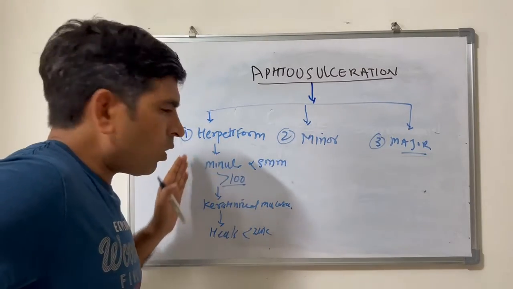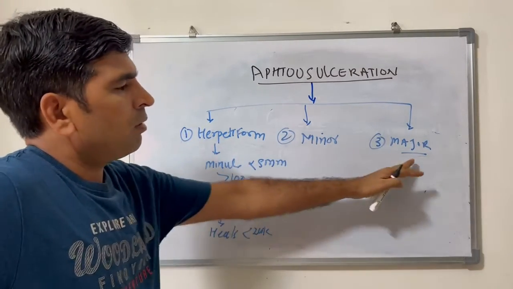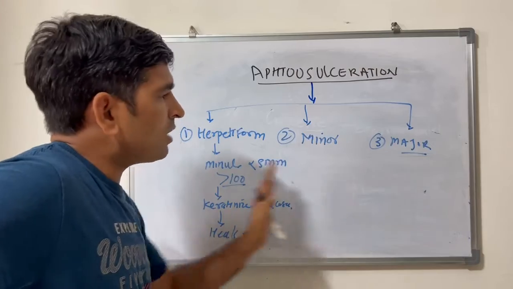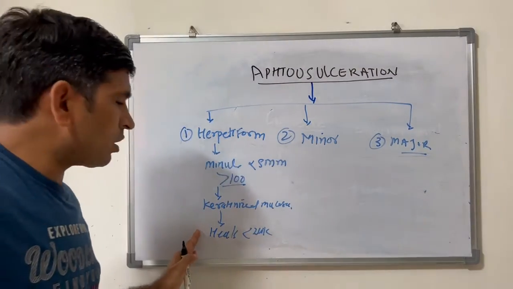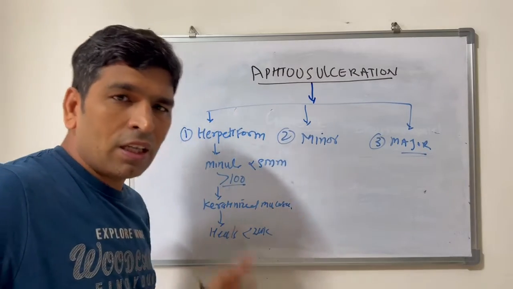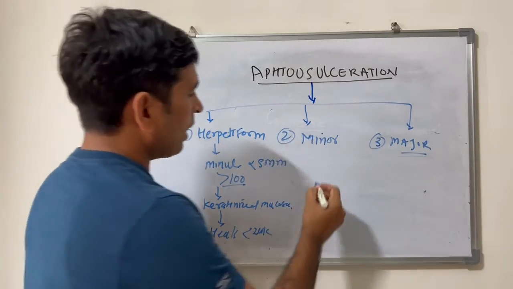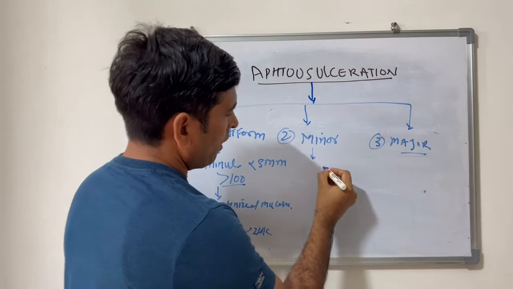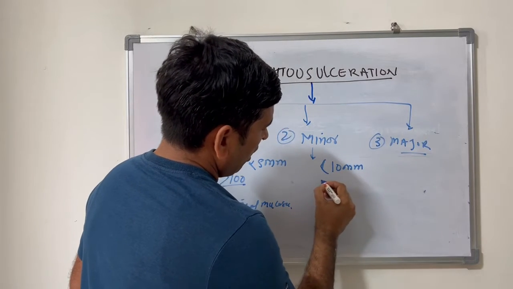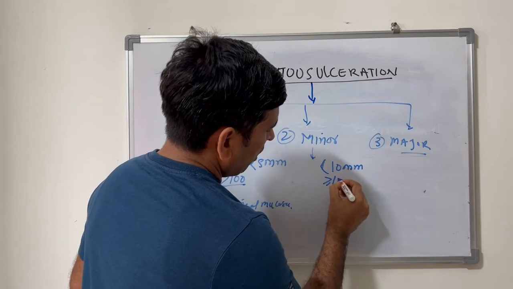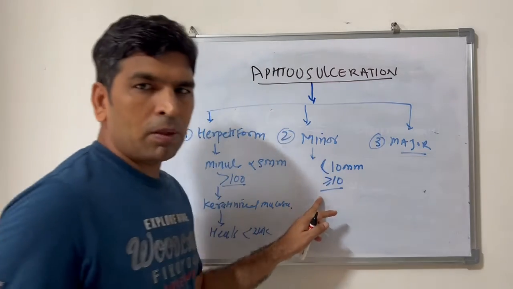Sometimes they coalesce and form a major ulceration. It seems like a major ulceration, but this heals spontaneously within 2 weeks if you correct the environmental factor. Minor ulcerations are less than 10 mm in size, and they may number up to 10.